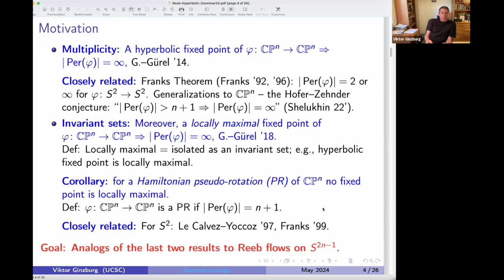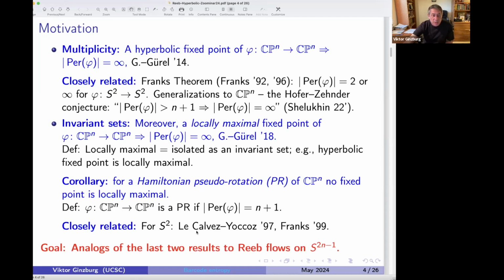In other words, when you have a Hamiltonian pseudo-rotation, a Hamiltonian diffeomorphism of CPN with exactly n+1 fixed points, no fixed point is locally maximal, no fixed point is isolated. There will always be invariant sets in an arbitrarily small neighborhood.